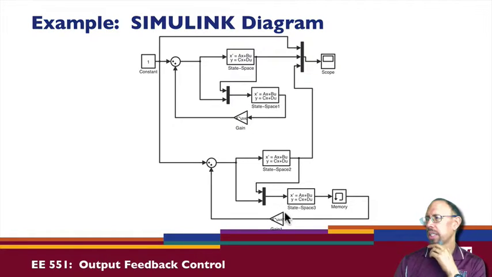So now what do we have in these different state space blocks? These two are actually the same because that's the system. Then what are we putting in here and here to implement the full order observer and the reduced order observer?